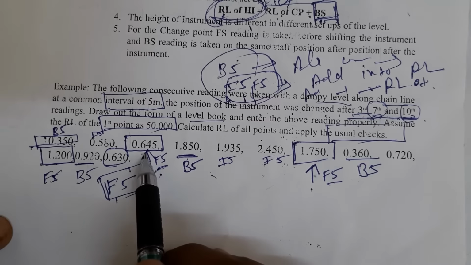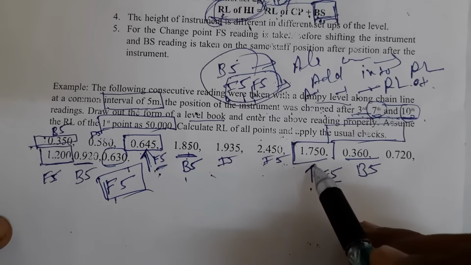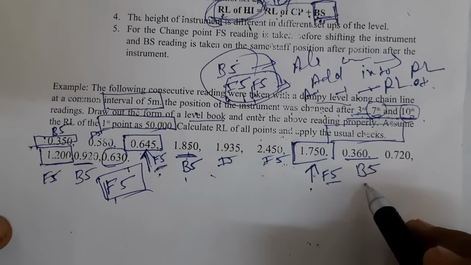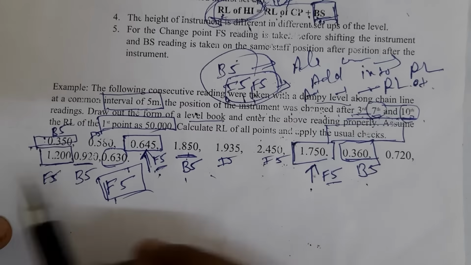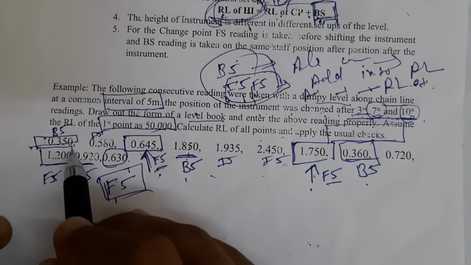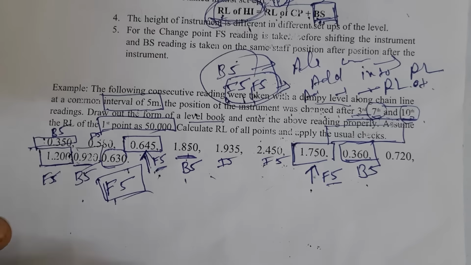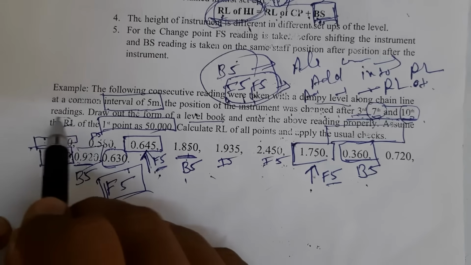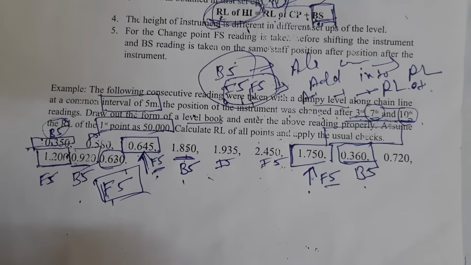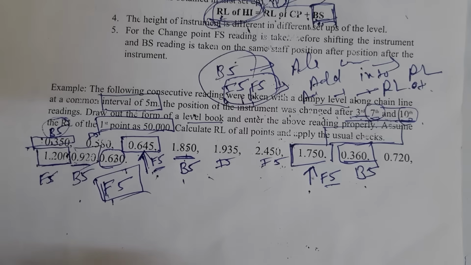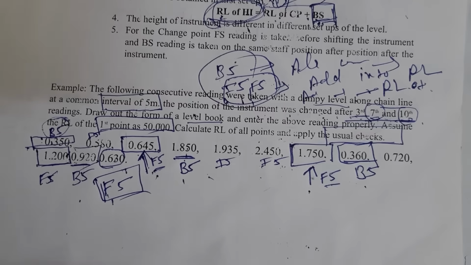So after the 3rd point we measure the 4th point, so the 4th point is BS, and after the 7th point we measure BS, so the 8th reading is your BS, and after 10 we measure 11, so the 11th point is your BS. And the first point is always BS and the last point is always FS. So now you are able to understand which point is FS, BS and IS.